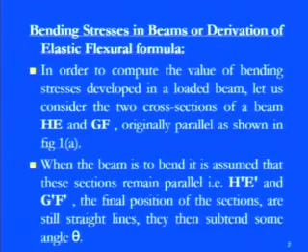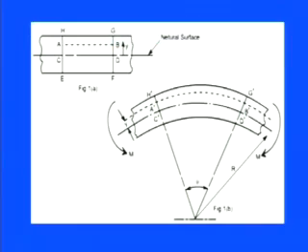With that particular assumption we can build this kind of theory. The final positions of the sections are still straight lines corresponding to the previous lines, and they are subtended by the angle theta. You can see this in figure 1b: as we discussed previously, when you apply the bending moment at the extreme corners, the beam will bend, and the extreme top will be extended due to the tensile stresses occurring on that surface. The surface under compression has the compressive stresses, but we have the neutral axis line, C'D', on which there is no strain component.